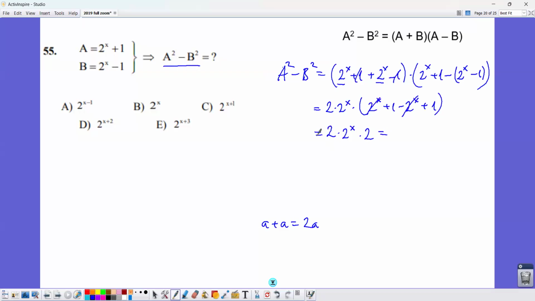So what we have here, 2 times 2, it's 2 to the power of 2 times 2 to the power of x. From the exponent properties, if you remember, when we have a to the power of m times a to the power of n, we are adding the powers. So this one will be 2 to the power of 2 plus x or x plus 2, which is D, as you can see.